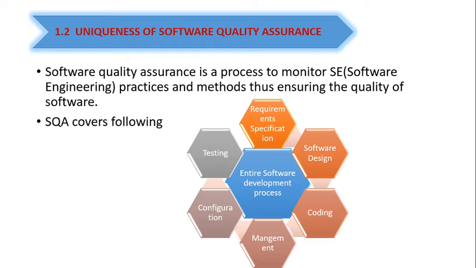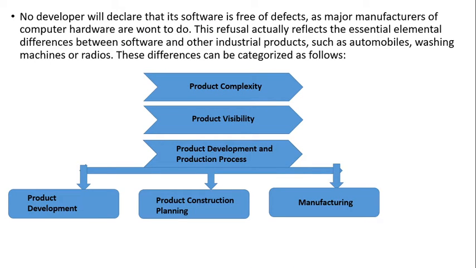Other industrial products are less complex, they are visible, and their manufacturing process is known to everyone. They are simple. For example, consider the development of any washing powder: the development process is the same, but they have different logos.